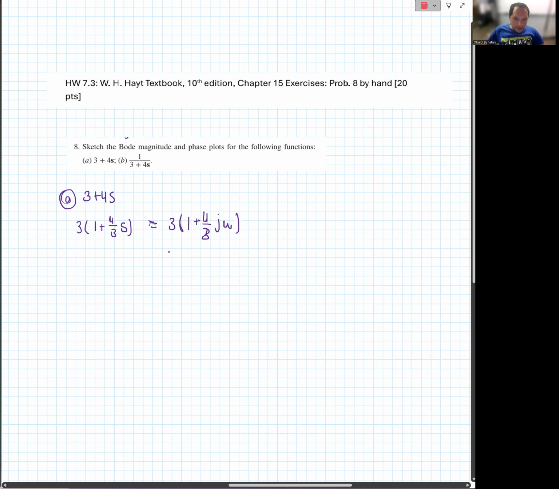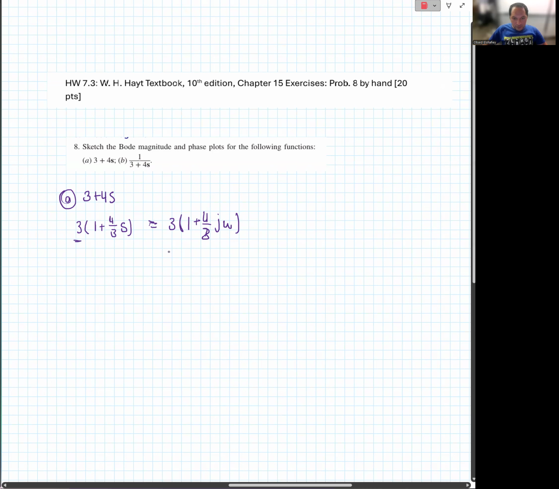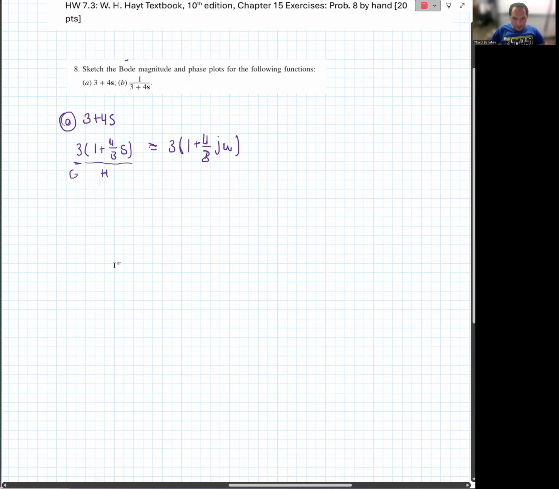So solving for the magnitude, first of all, the advantage of using a log plot is that multiplication becomes addition. So this can be divided into two functions, G and H, where the total magnitude is the sum of the magnitude of G plus the magnitude of H.